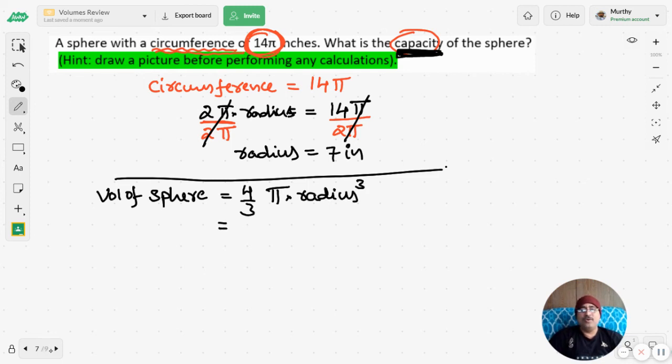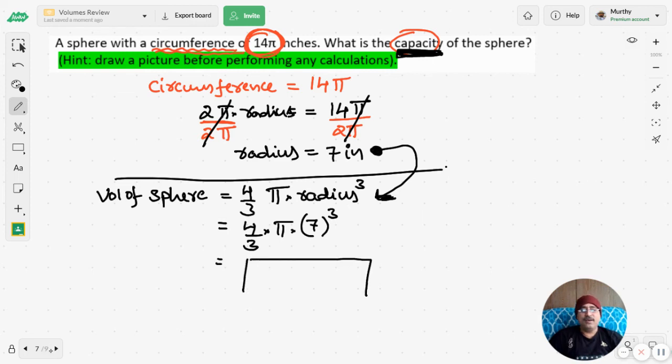In fact, you have to memorize all the formulae. Whatever radius we got is to be plugged in here, which is 7 cubed. I'm not computing this one, because you can take a calculator and do 4 over 3 times 7 cubed.